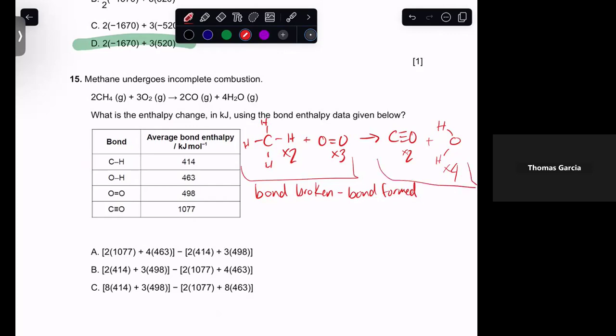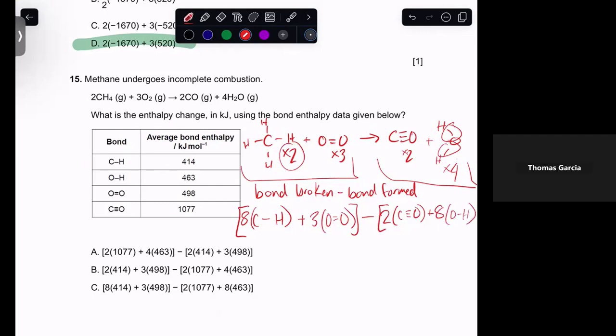So we have 4 C-H bonds, but we have times 2 of them, so we have 8 times C-H, plus 3 times O double bond O. That we are subtracting from 2 C triple bond O plus, again, we have 2 O-H bonds, but times 4, 8 O-H.